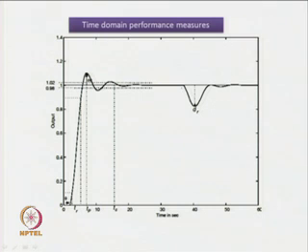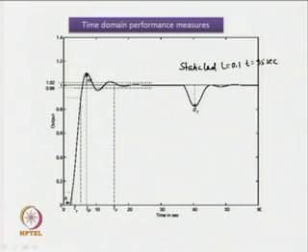Similarly, when a static load disturbance of magnitude L equal to 0.1 is applied at time t equal to 35 second, we have got the disturbance response in this fashion. Now, what one can infer from this plot? That the disturbance response has successfully been rejected with the set of controllers.